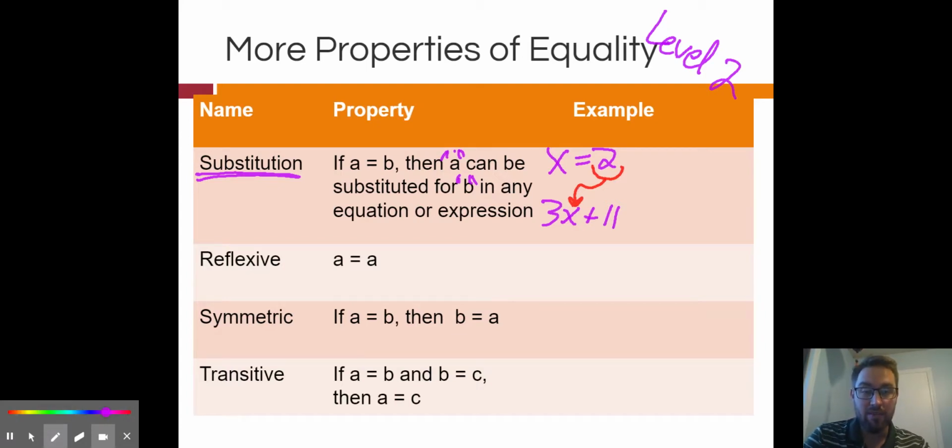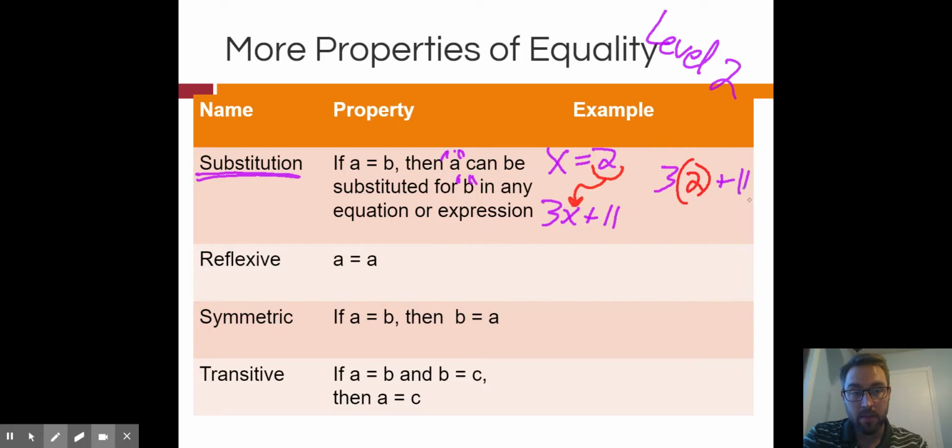So instead of 3x plus 11, we could rewrite it as 3 and then put 2 instead, plus 11. And this is nicer for us because now we can simplify. 3 times 2 is 6. 6 plus 11 is 17. So when we can substitute in a term somewhere else, it can help further our process to a solution.